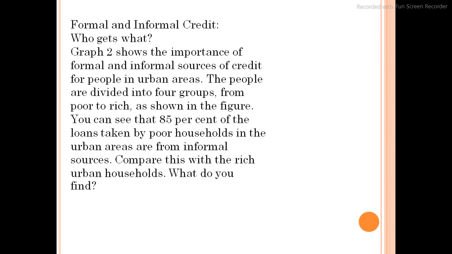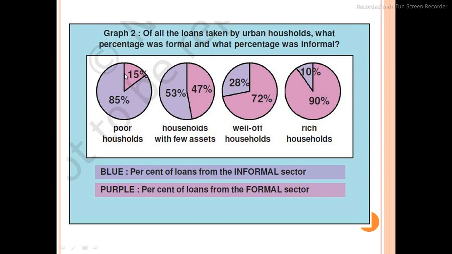The people are divided into 4 groups, from the poor to rich as shown in the figure, and you can see that 85% of the loans taken by the poor households in the urban areas are from informal sources. Compare this with the rich urban households. What do you find? Please see here, poor households and rich households. These are all the urban cases.